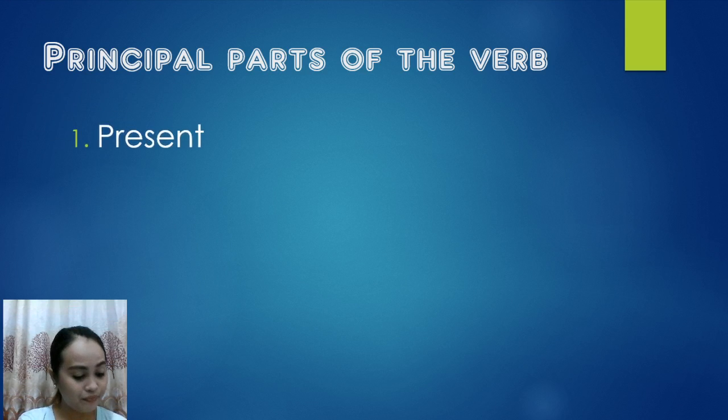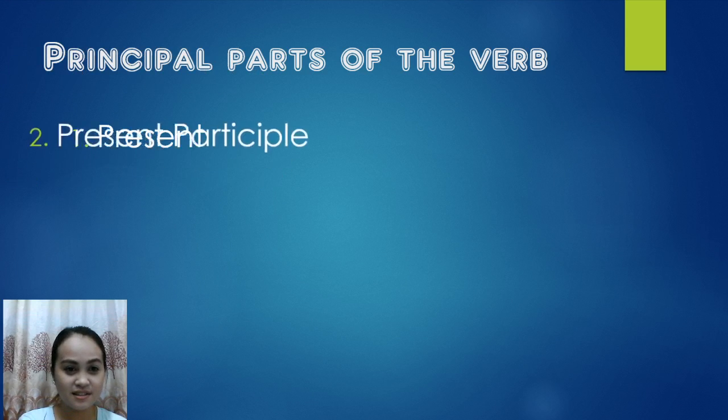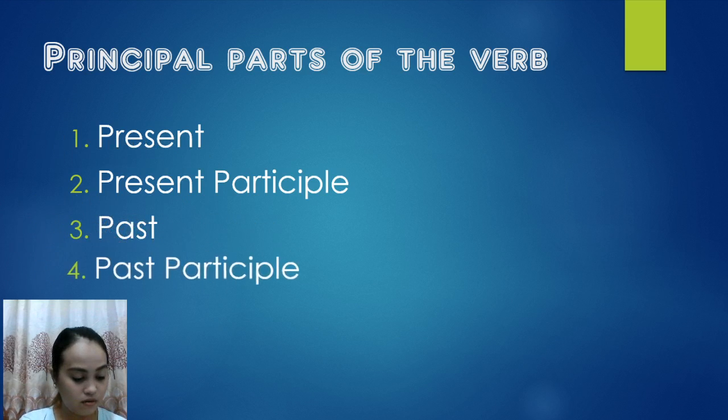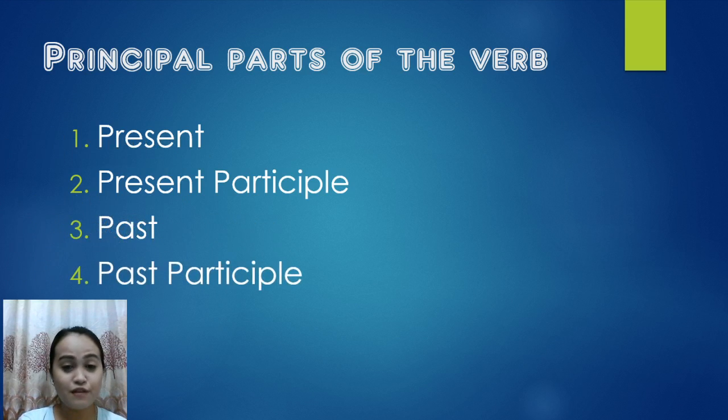We have 4 principal parts of the verb. These are present, present participle, past, and past participle. The different principal parts assume different roles in a sentence.